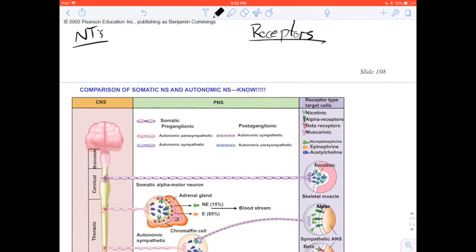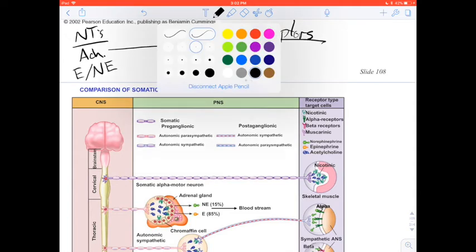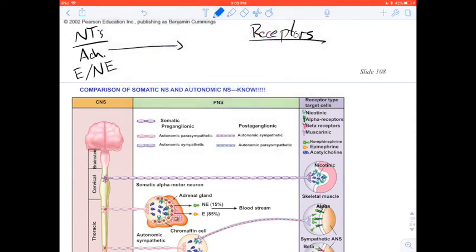All right, so our two major neurotransmitters are going to be acetylcholine, right, and epinephrine/norepinephrine. Right, and the acetylcholine is going to bind, on our receptor side here, let's make this blue, cholinergic receptors.